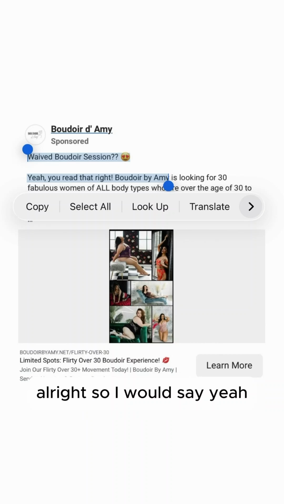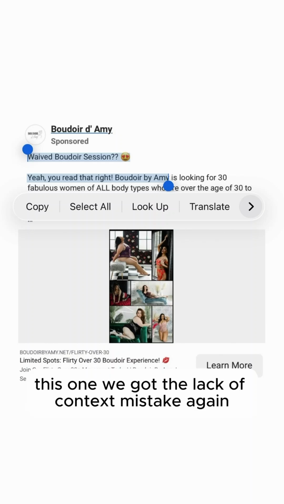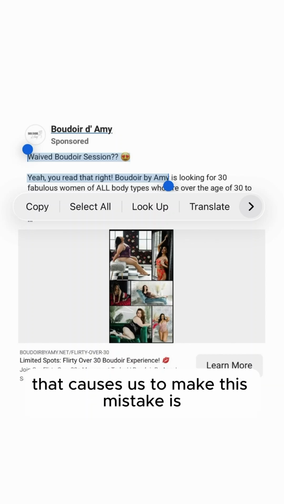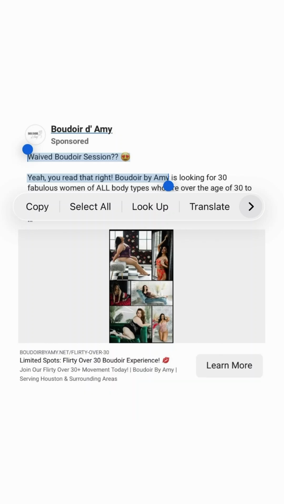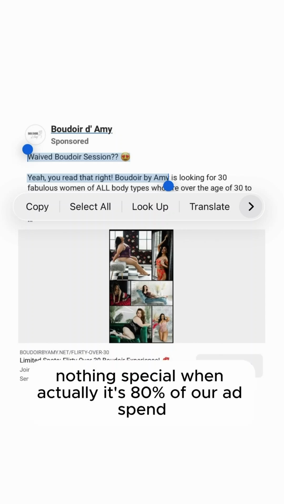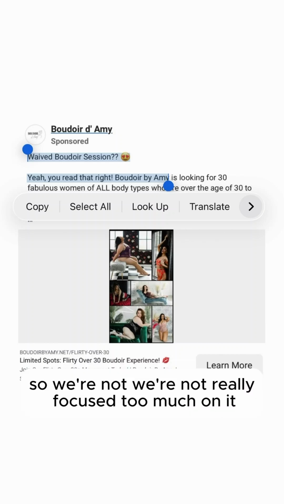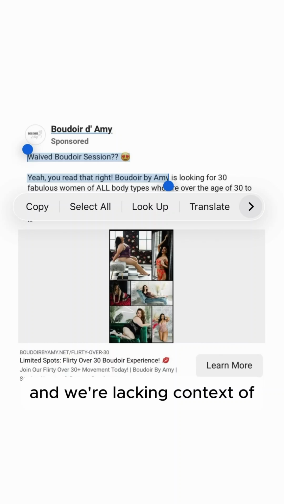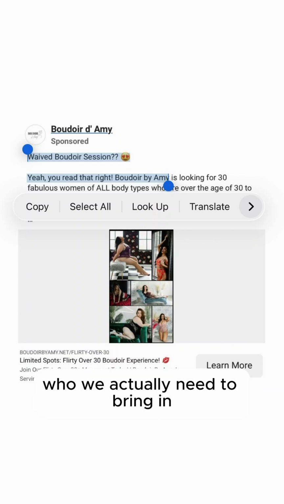All right, so I would say this one we got the lack of context mistake. Again, super normal, super common. And the false belief that causes us to make this mistake is that we believe this headline is nothing special, when actually it's 80% of our ad spend. So we're not really focused too much on it, and we're lacking context of who we actually need to bring in.